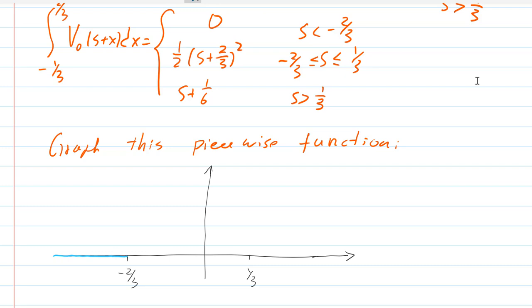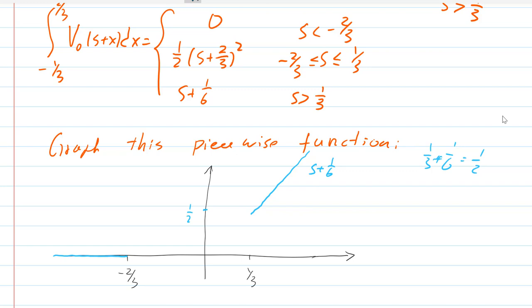Okay, and if s is greater than 1/3, we have a straight line. Look at this one. We have slope 1, and also when s is 1/3, we have 1/3 plus 1/6 is going to be 1/2. So we have somewhere over here 1/2. Okay, and the value over here is straight, 45 degrees straight. So this is s plus 1/6.